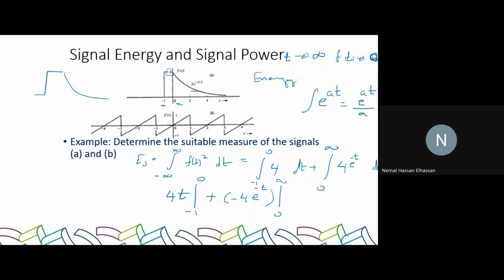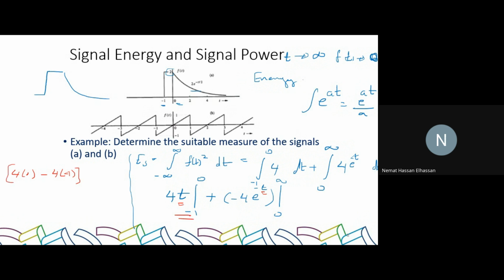Do you remember definite integrals? When you have an integration with limits, you apply the upper limit minus the lower limit in place of your variable. So in place of this t and this t, I'm going to substitute the integration limits. It becomes 4 times 0 minus 4 times negative 1. That's the first integral.